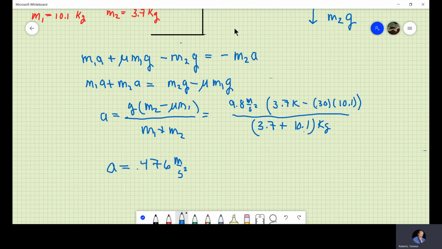So as long as we had the negative here for M2A, we set up the equation this way. We're just solving for A. We know the direction is down by looking at this equation up here. And so that's our answer, 0.476 meters per second squared.